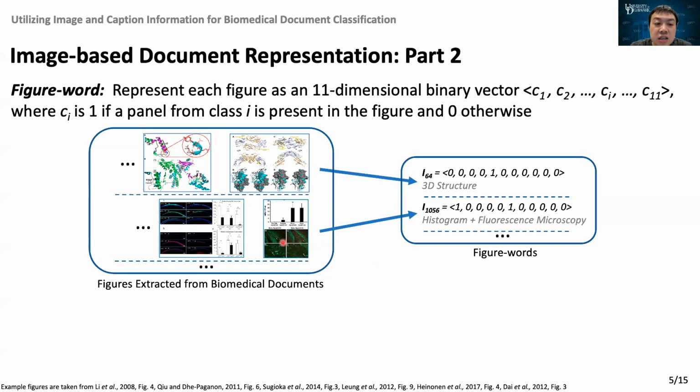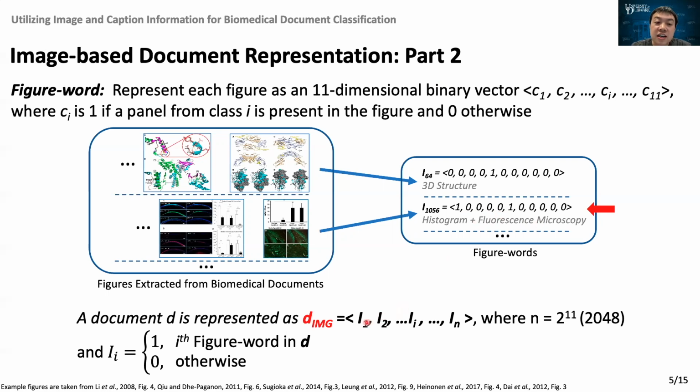For example, figures consisting of histograms and fluorescence microscopy panels are converted to this vector. Its first and sixth values are 1 as histogram belongs to class 1 and fluorescence microscopy belongs to class 6. We refer to each such vector as a figure word.